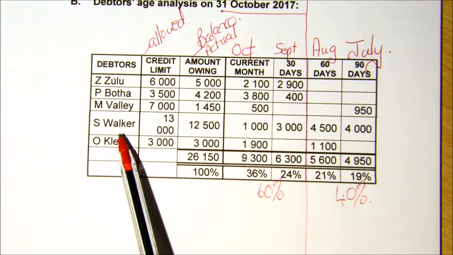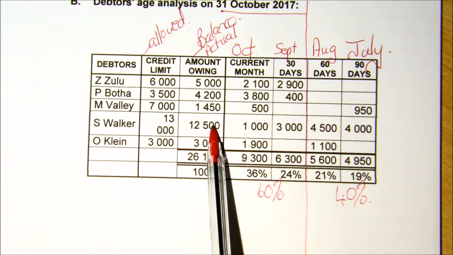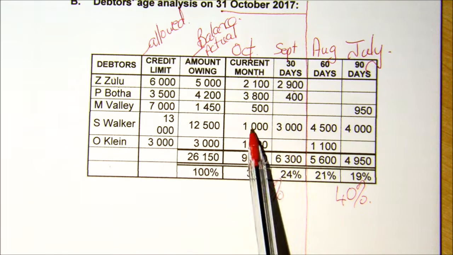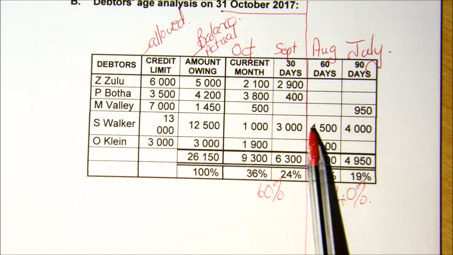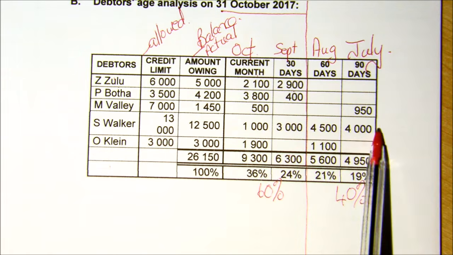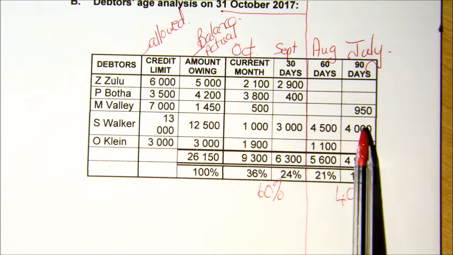Now, if we look at Walker, right, again, his credit limit's 13,000 and he only owes 12,500. So fine, there's no problem there. These two amounts are within the credit terms. But can you see how, in the case of Walker, he's actually got two amounts, 8,500 outstanding for 30 days and for 60 and 90 days.